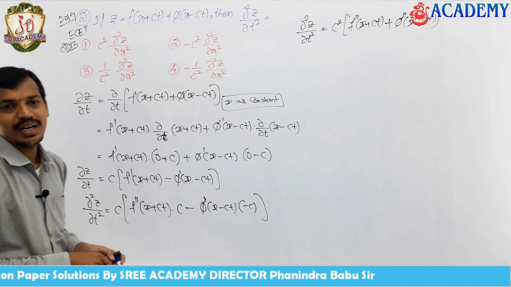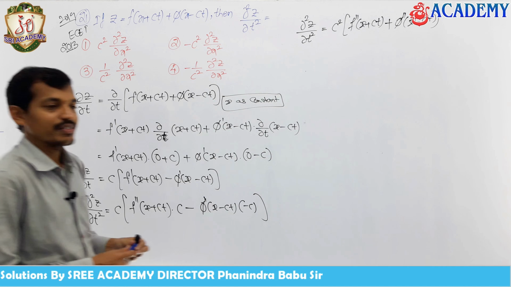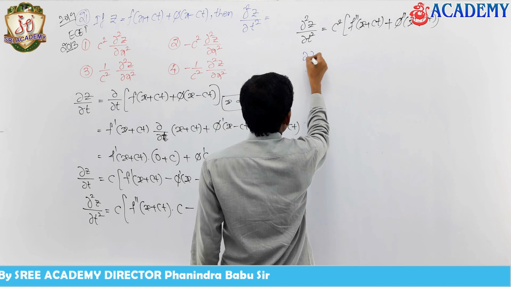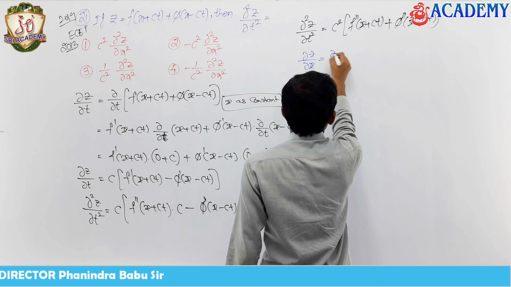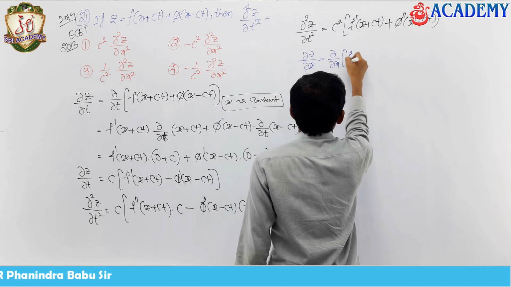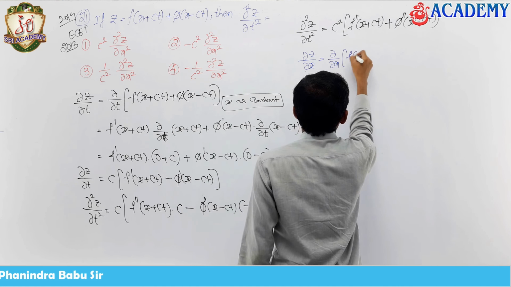But in the options we have dou square z by dou x square, that's why we have to find dou z by dou x. I am writing dou z by dou x is nothing but dou by dou x of f of x plus ct plus pi of x minus ct. Now partial derivative with respect to x means treat t as constant.